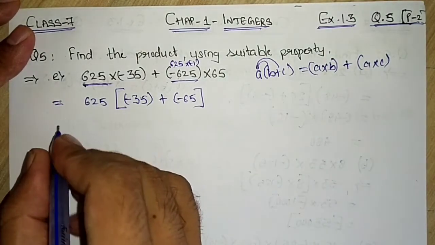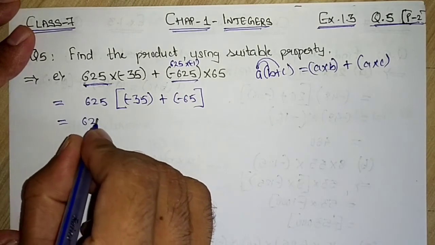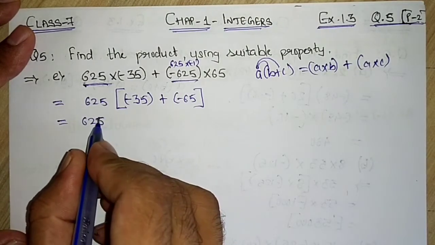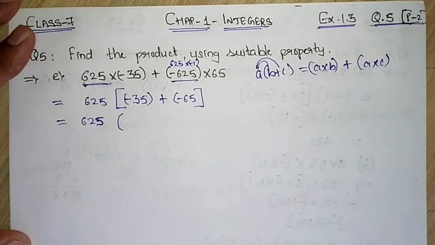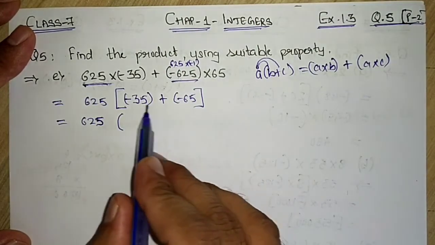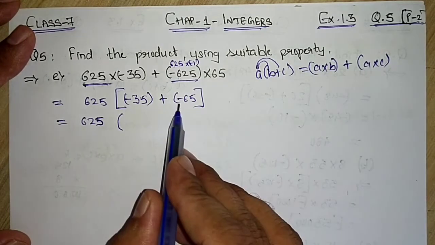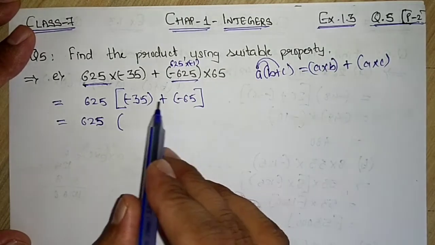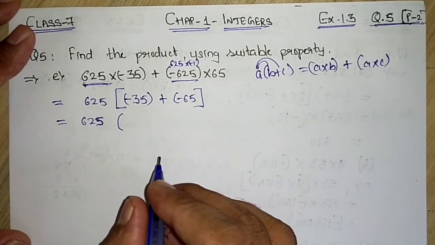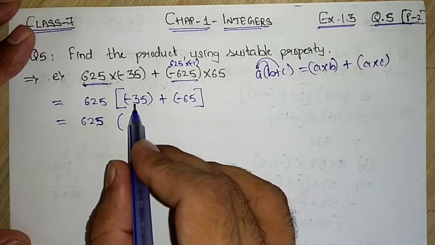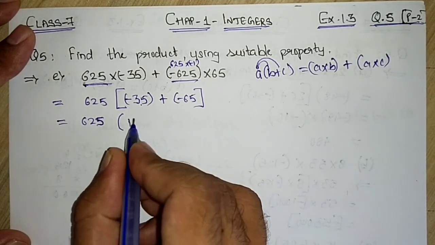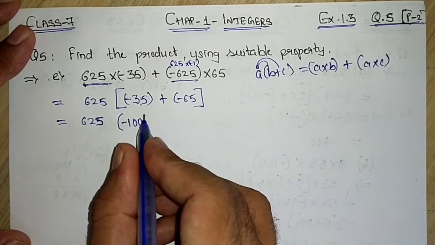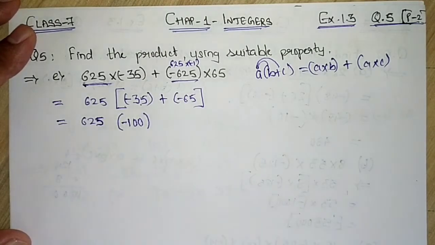Now, 625 as it is, we will solve the bracket. We are adding two integers with the same sign. What we do, we add them and keep the common sign. So 65 plus 5, 70 plus 30, it is 100, and we will take the common sign as it is.